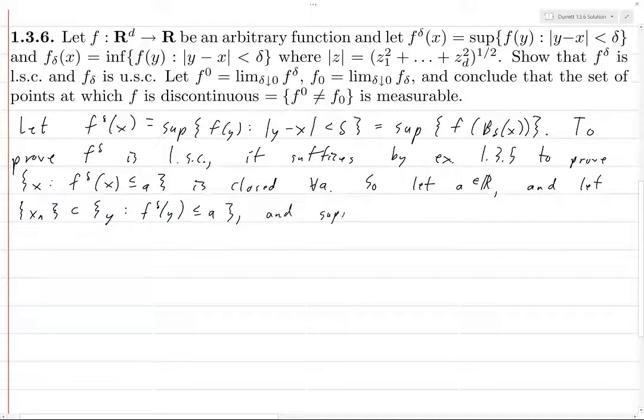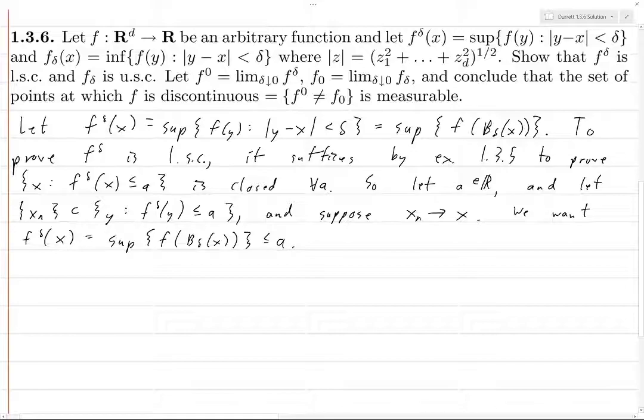And suppose x_n converges to some x in R^d. So what we want to prove is that f delta of x, which is precisely the supremum over all points in the image of the ball of radius delta centered at x, is less than or equal to a.